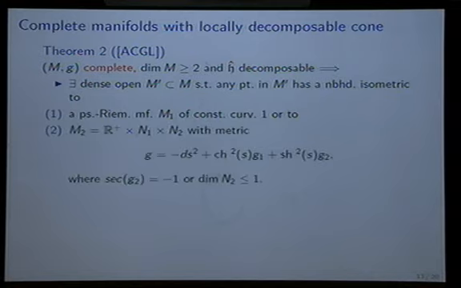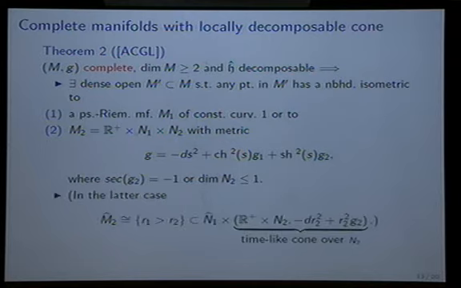Or in the second case, we have still such a double warped product with hyperbolic functions, but we can say a little more. We can say now that G2, the metric on N2, has constant curvature -1. So this is a more precise statement, which is true if we assume completeness. So under the completeness assumption, we can improve considerably the result.